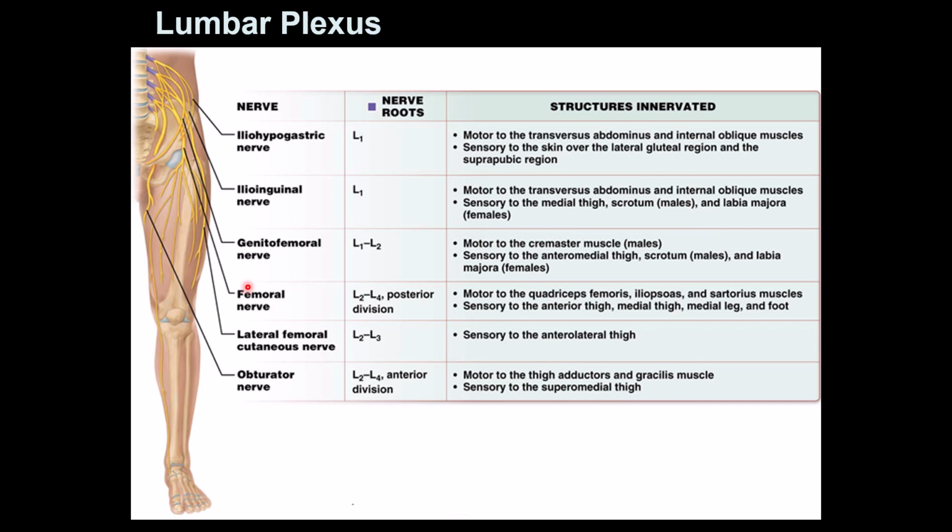The femoral nerve is a big nerve, the biggest nerve in the lumbar plexus, supplying the quadriceps muscles, which cause extension of the knee. It also supplies the iliopsoas, which causes flexion of the hip and the lumbar area, and the sartorius, which runs obliquely and also causes flexion of the hip and the knee.